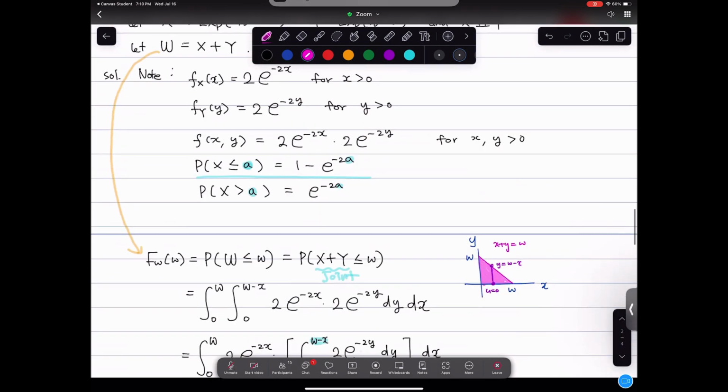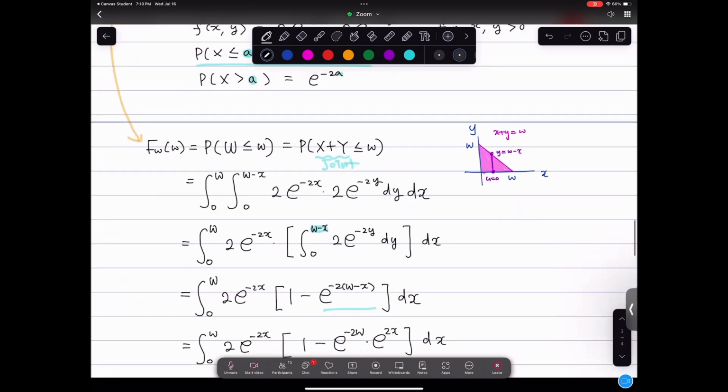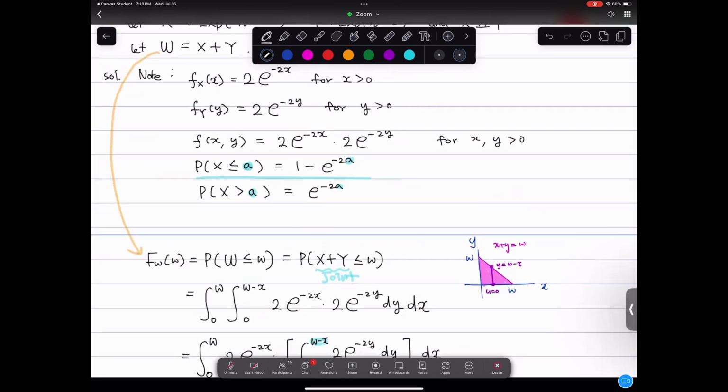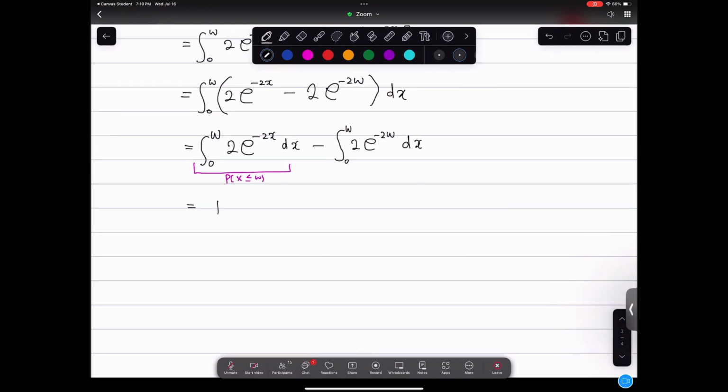So that becomes 1 minus e to the power of negative 2 times w. And then the other side, there's no x there, it's a constant. So we get w minus 0 times this. So we get 2w e to the power of negative 2w. So this is your big F of w.